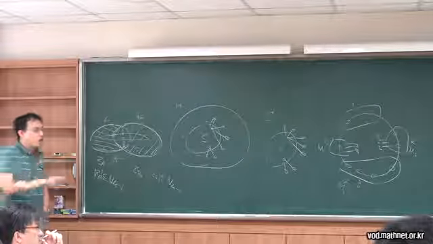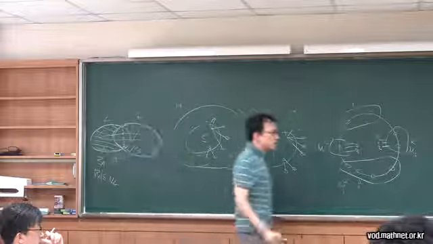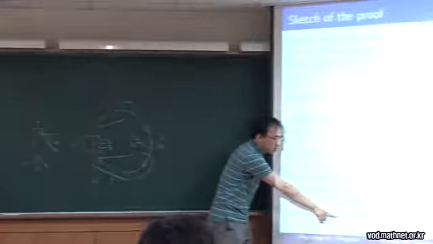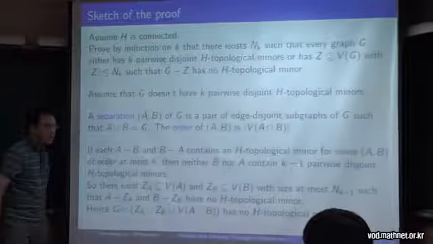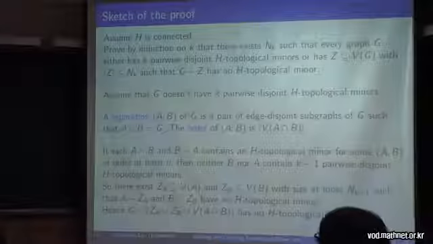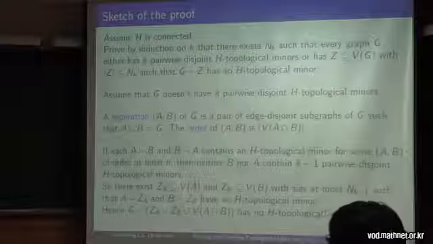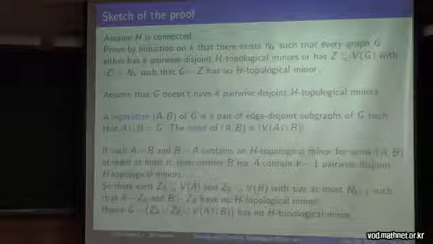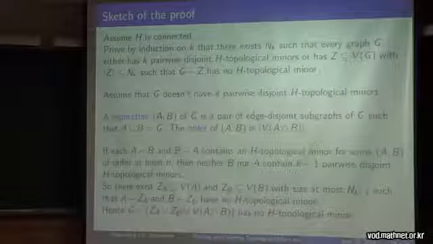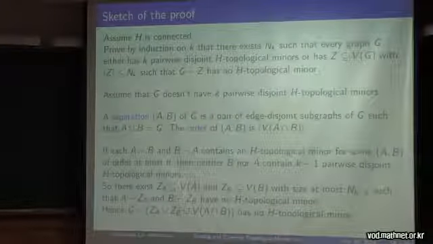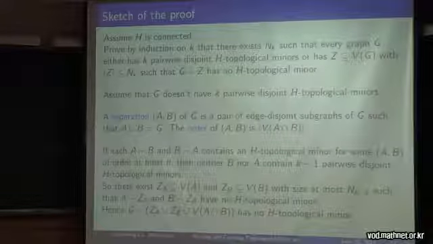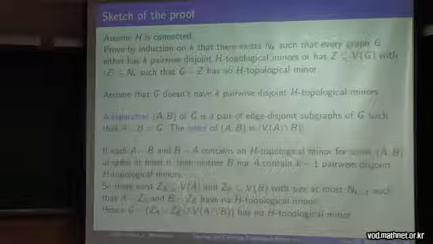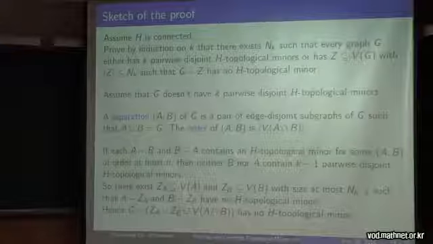So let's count how many vertices I delete. I delete Z_A. It has size at most n_{K-1}. Delete Z_B. It has size at most n_{K-1}. And I delete the number of vertices in the middle of the separation. So that's the order of the separation. If the order of the separation is very small, then I can just define this number to be n_K, and I'm done.